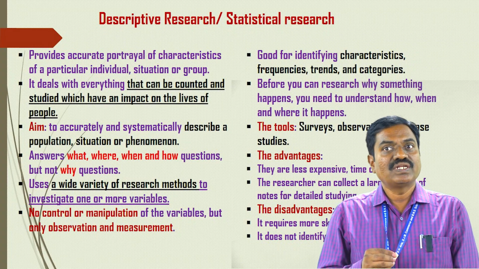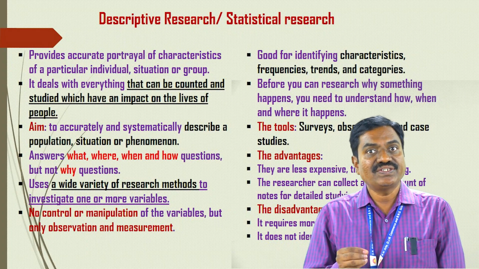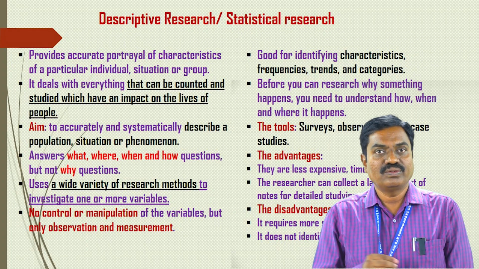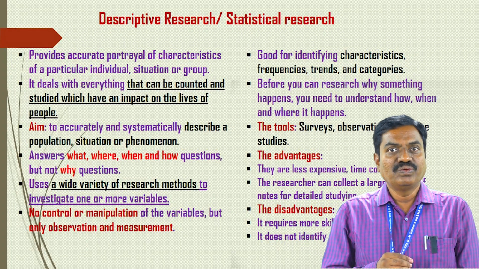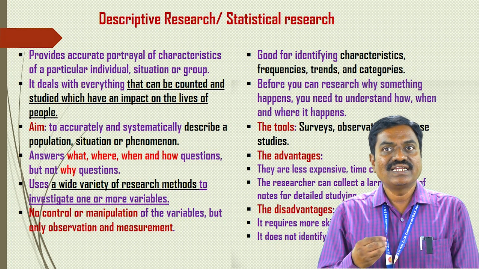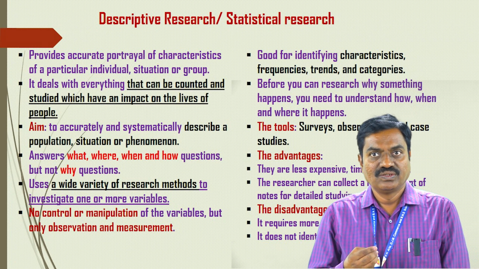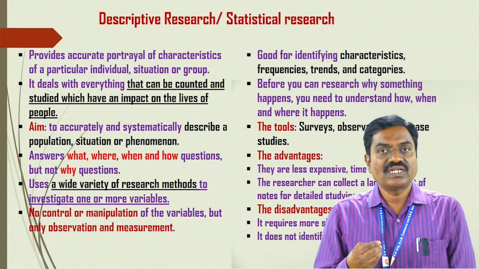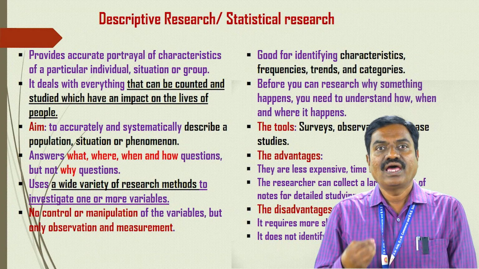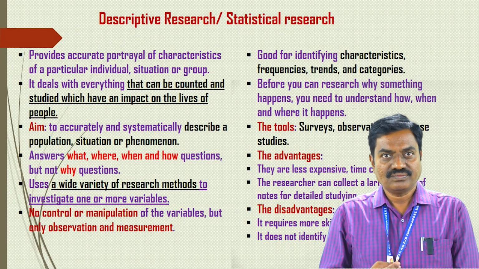It is useful when not much is known about the topic or problem. Before one can research why something happens, one needs to understand how, when, and where it happens.